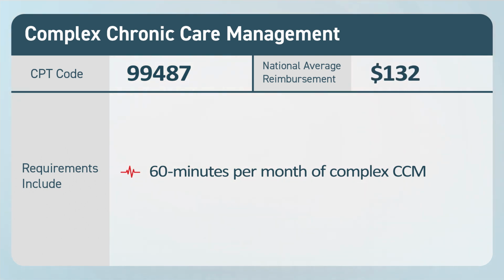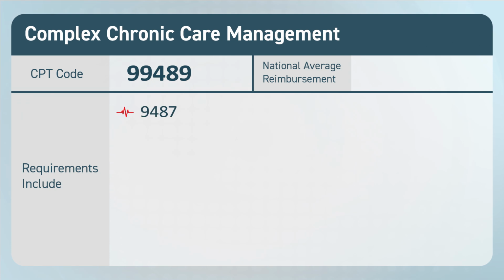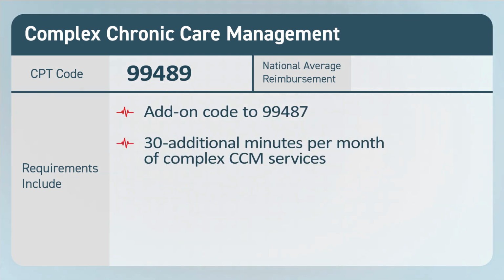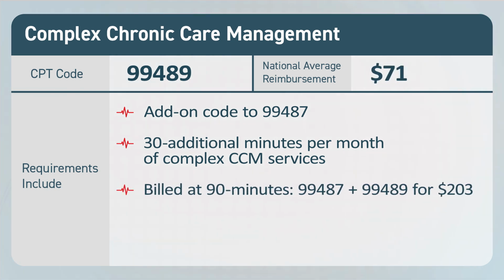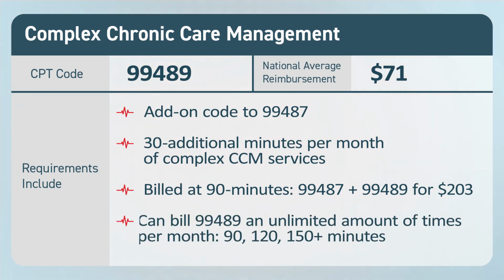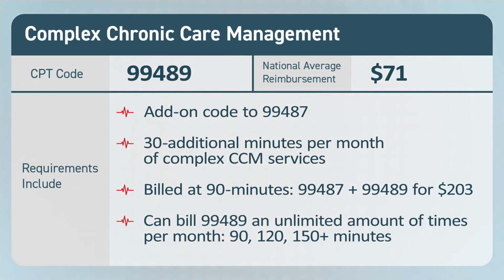There is an add-on code 99489 for 30 additional minutes of complex CCM services. Its national average reimbursement rate is $71. It's billed at 90 minutes with code 99487 for a total of $203 when billed at 90 minutes. You can bill 99489 an unlimited amount of time, so at 90, 120, and 150 minutes.